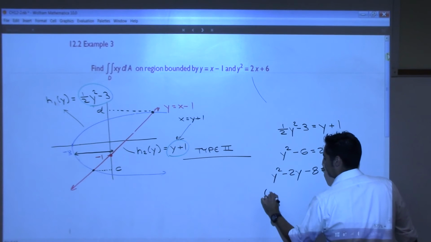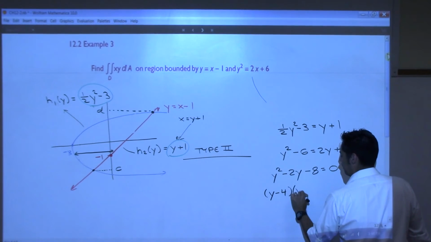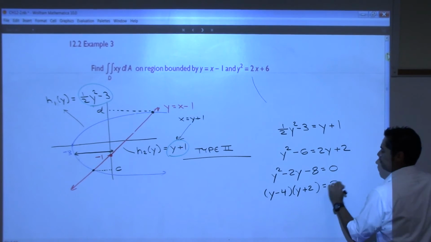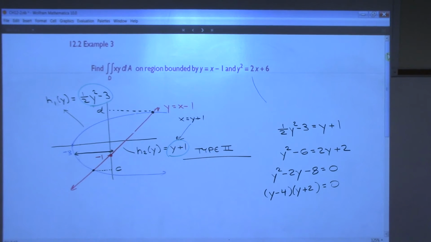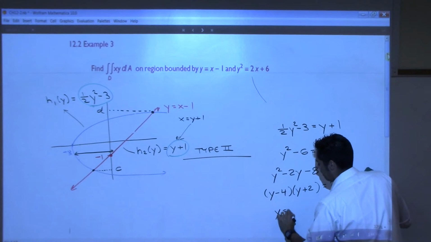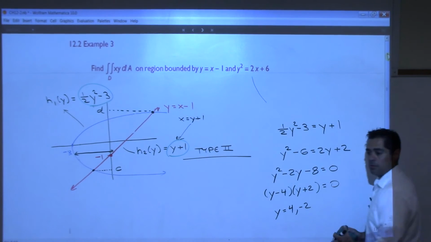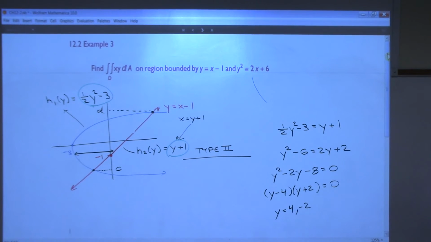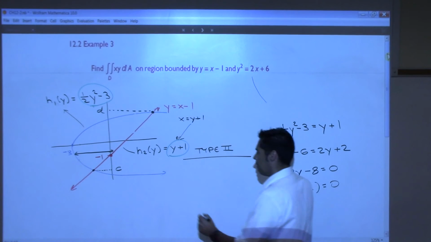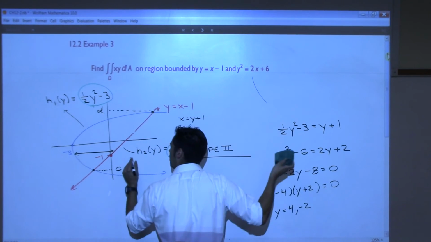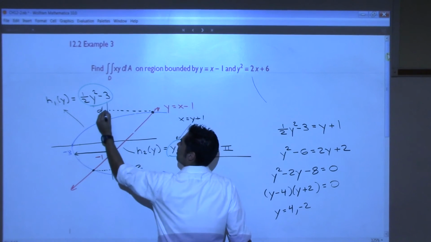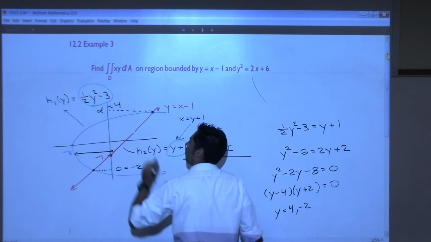But it should factor. Minus 4 plus 2 are the factors. y minus 4, y plus 2. Two solutions, 4 and negative 2. That's reassuring because I should have two y values where they hit each other over there. So, feeling good. C is going to be the one below, so negative 2, and D is going to be 4.